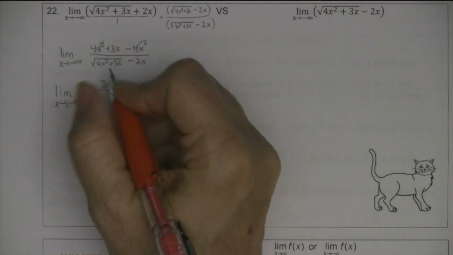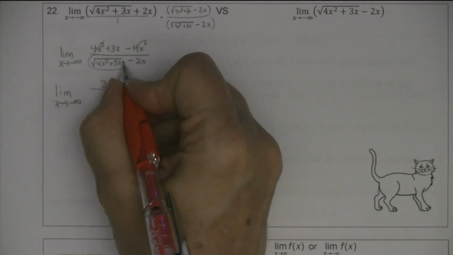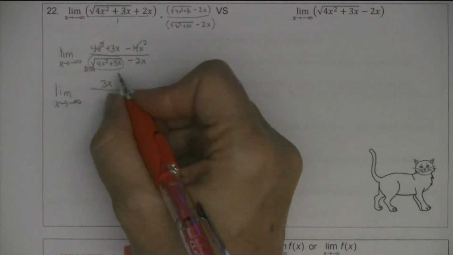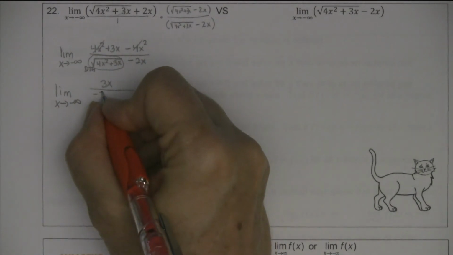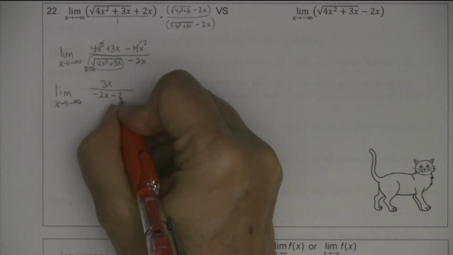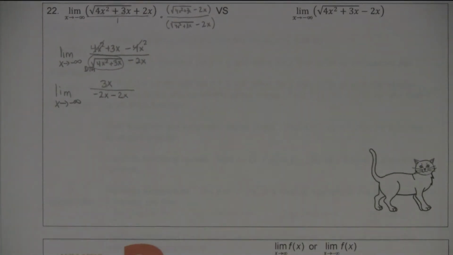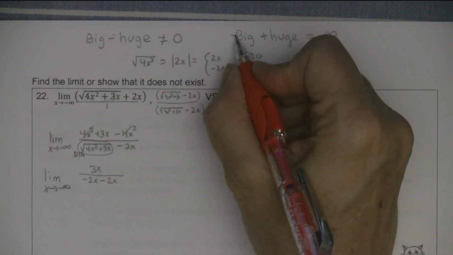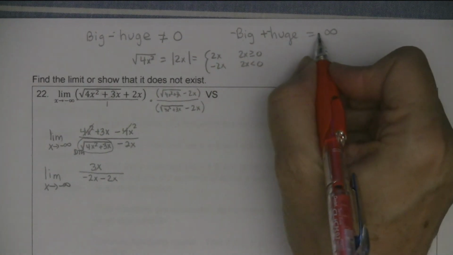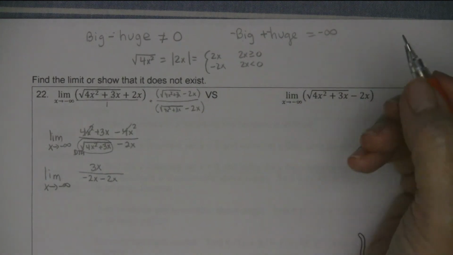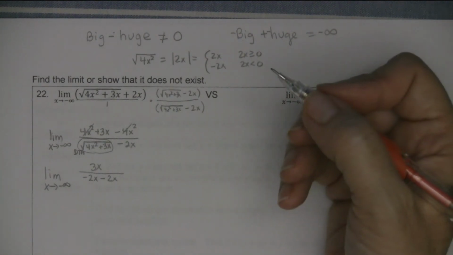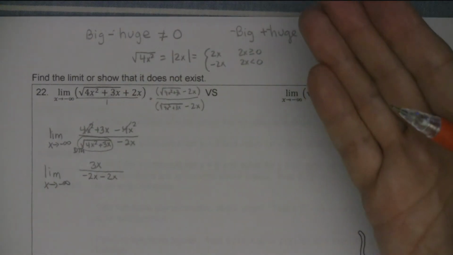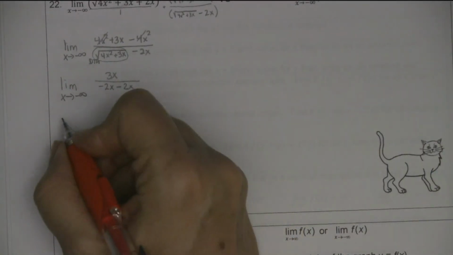And in the denominator, by dominant term analysis, DTA, this is negative 2x and minus 2x. And now I'm not getting 0. I know that negative big plus negative huge is negative infinity, or negative bigger, or whatever have you, but I can add them together now because I'm not trying to say that it's 0. I'm adding two big things. And so this is negative 4x.